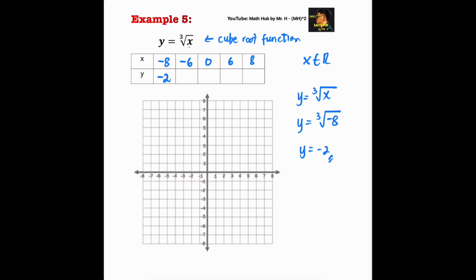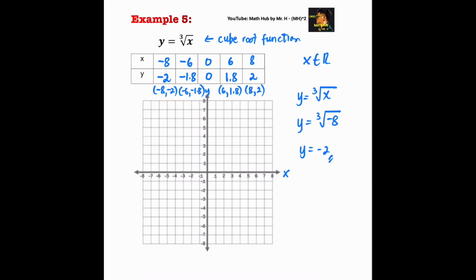If x is negative 6, then it's approximately negative 1.8. If x is 0, then y is 0. And if x is positive 6, then you'll have positive 1.8. And if x is positive 8, then y will be positive 2.